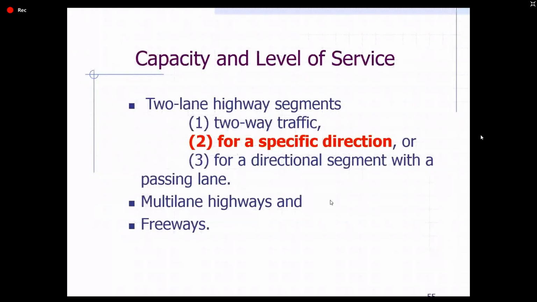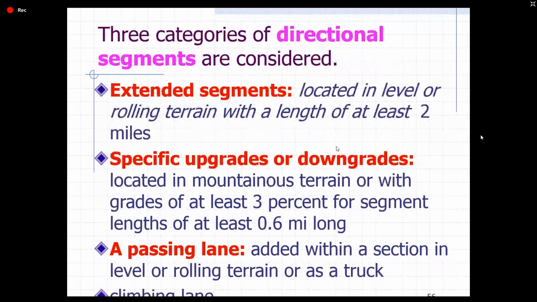So, we are now for using your specific direction. So, dun sa directional segments natin, we have your these types. You have your extended segments, specific grades, and downgrades. Then your passing lanes. So, normally, ang ginagamit natin is yung, if the analysis is 2% and below, extended segments lang siya.